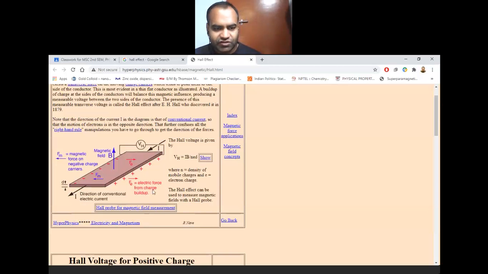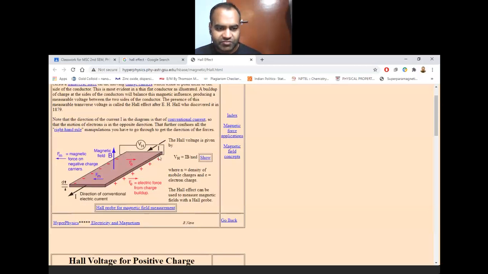So Fm, you see here, is the magnetic force on the negative charge, and Fe is the electric force from the charge buildup. Therefore the charges are separated into electrons and holes.